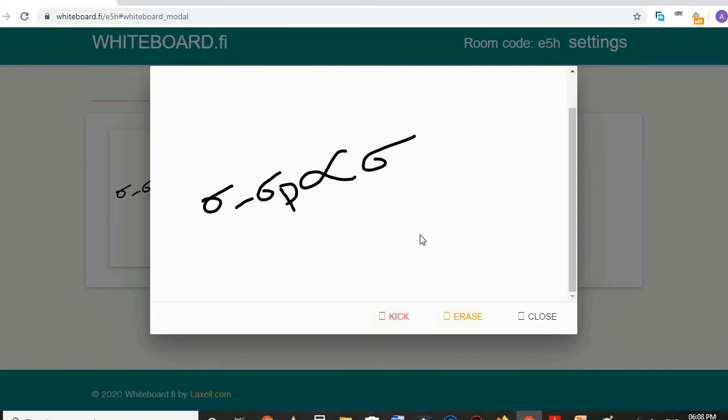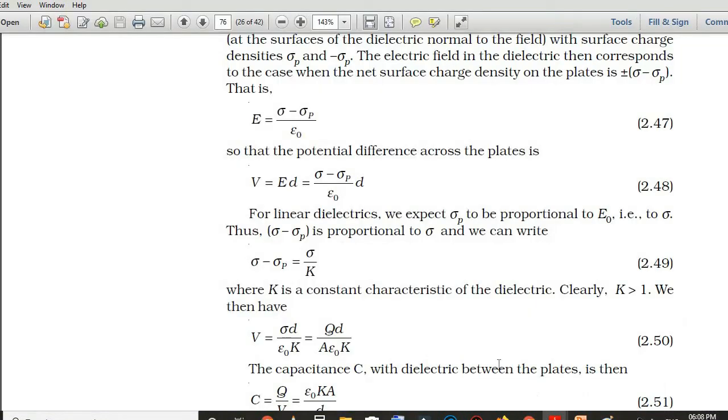Thus I can say sigma minus sigma P is proportional to sigma. Or otherwise, I can say sigma minus sigma P is equal to a constant into sigma. That constant is 1 by k. You can see it here. Sigma minus sigma P is equal to sigma divided by k.